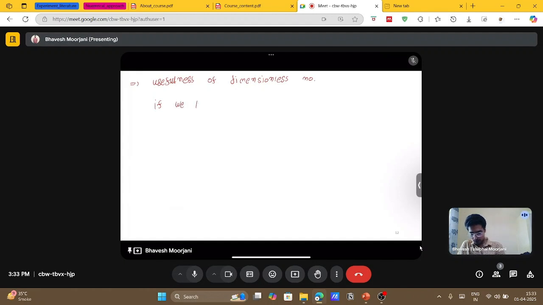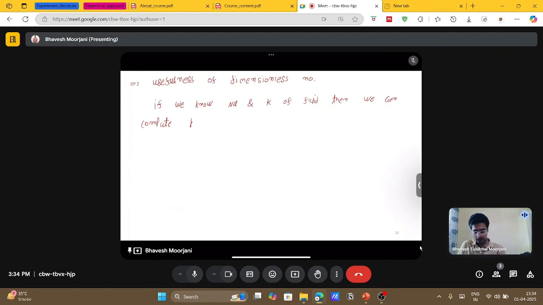If we know the Nusselt number and the thermal conductivity of our fluid, then we can compute the heat transfer coefficient from the Nusselt number equation, which is Nu = hd/k, right?